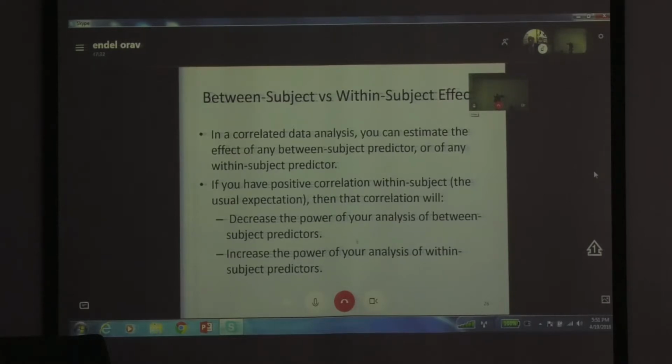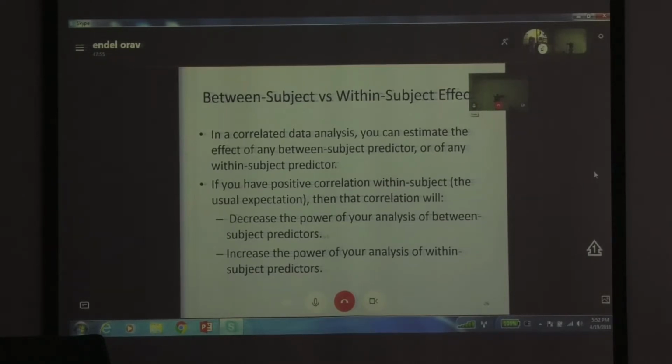When you allow for correlation between these dependent measurements, it's going to decrease the power of any between subject predictors, but it will increase the power of within subject predictors. So I've tried to boil it down to these two summary bullets as far as what's going to happen.